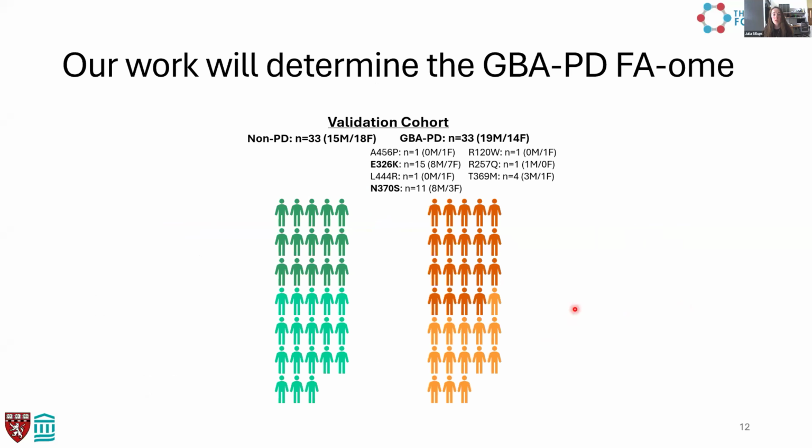Moving forward, we will be looking at the fatty acid profiles in our validation cohorts. This one is from the Harvard biomarker study, where our predominant GBA mutations are the E326K mutation and the N370S mutation.